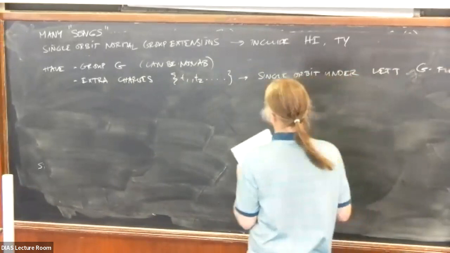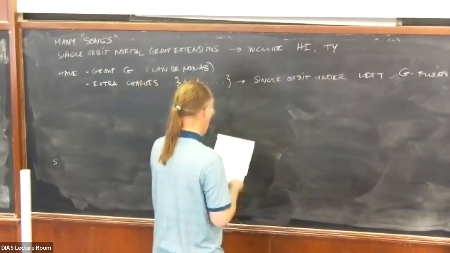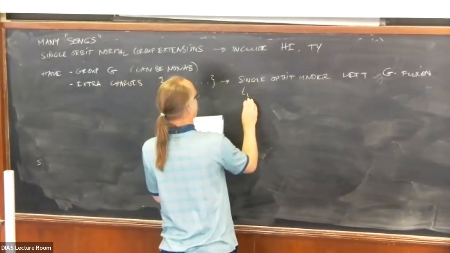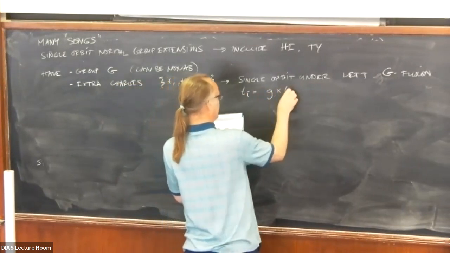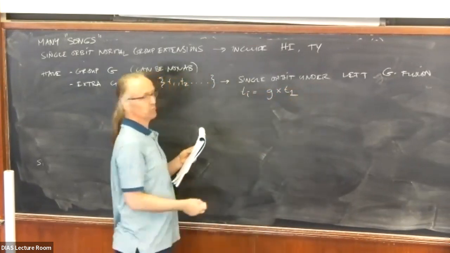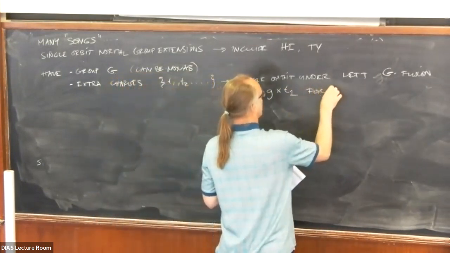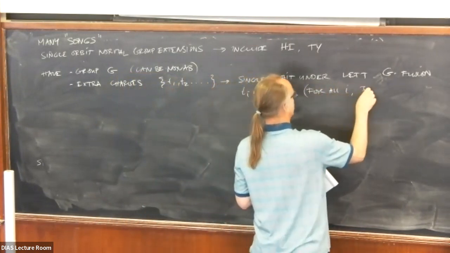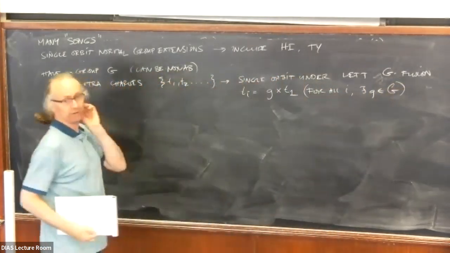So basically, I can pick one of these and then multiply it from the left with some element of the group, and for all i, there is some such element. So this is true.